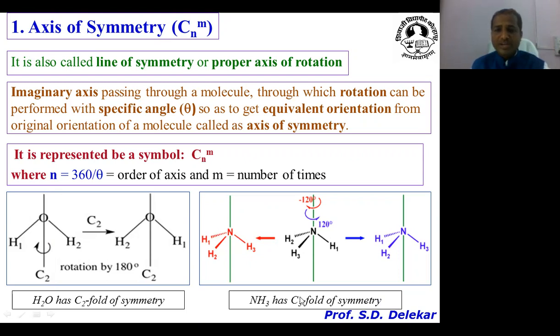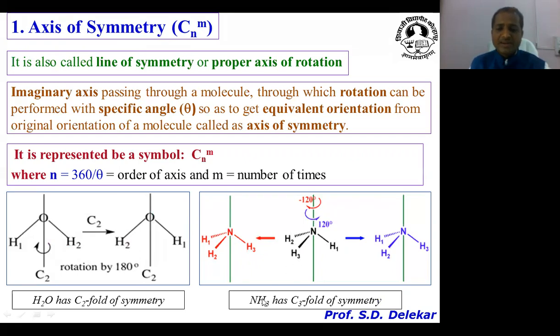If you take ammonia, we know it has trigonal pyramid geometry. Let us consider an imaginary axis passing through the nitrogen atom. If you rotate in this direction or in that direction, you get these orientations, and both are equivalent to the original orientation.